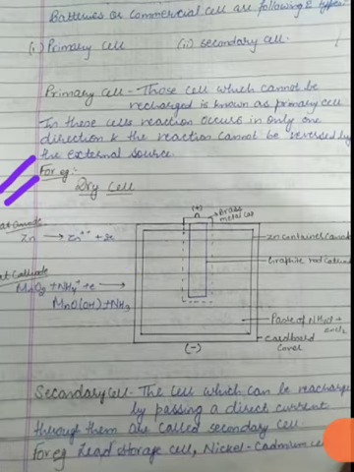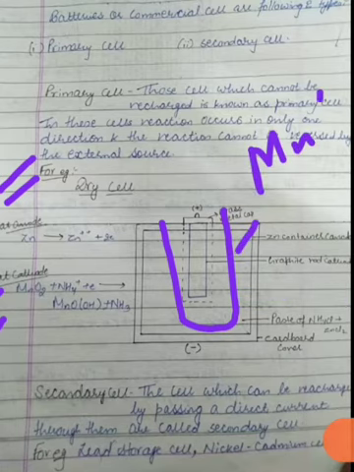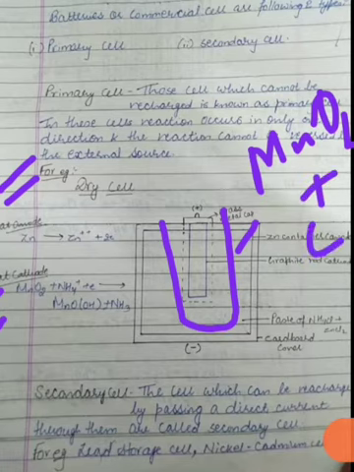Now talking about the cathodic reaction, the graphite rod is surrounded by MnO2 plus carbon, to protect it from moisture and further reaction.